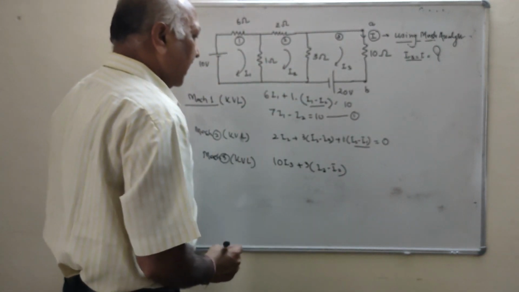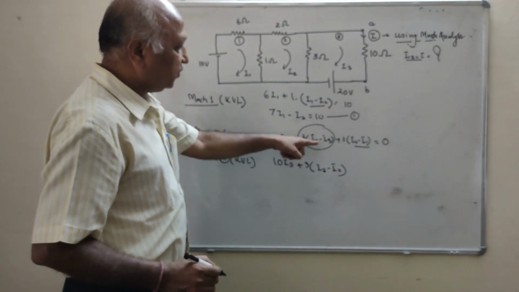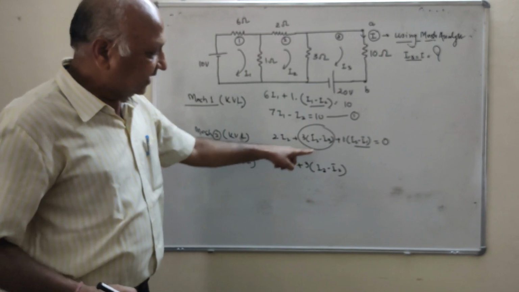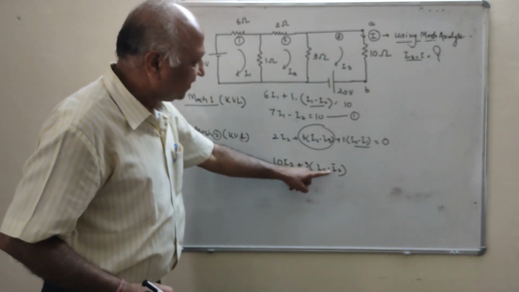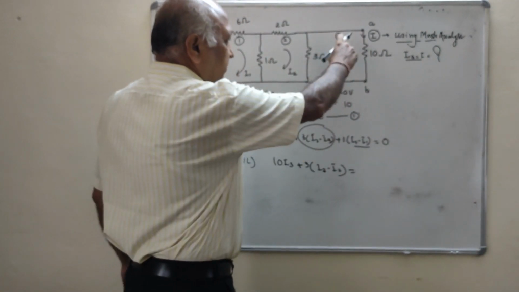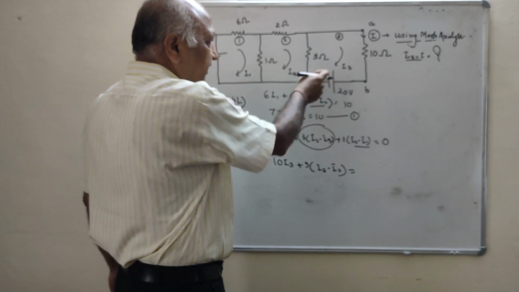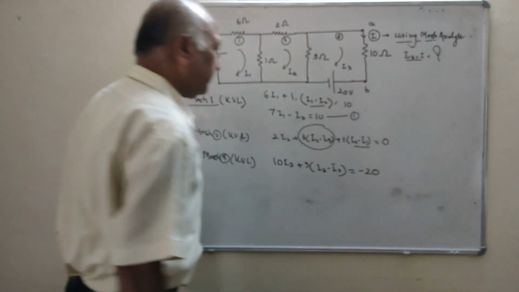In mesh 2 it was 3 into I2 minus I3, as I2 is the dominating current. In mesh 3, I3 is dominating. It is I3 minus I2, and the current is coming from positive to negative, so it will be written as minus 20.